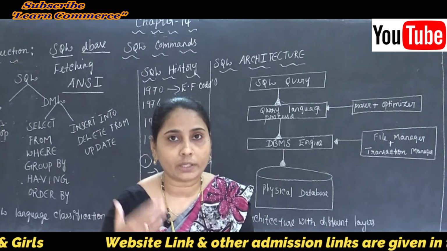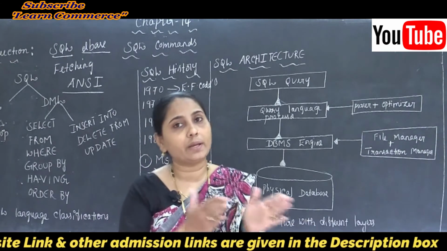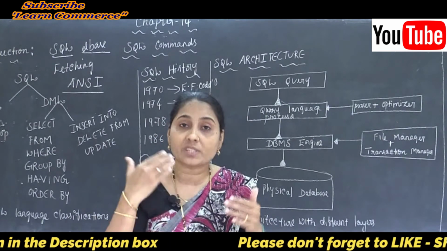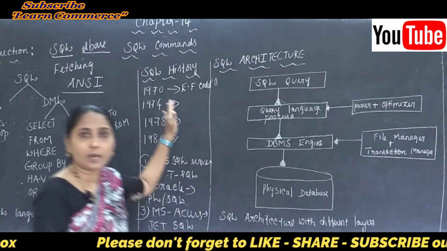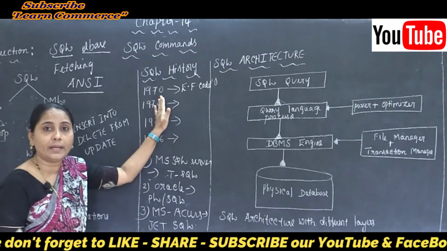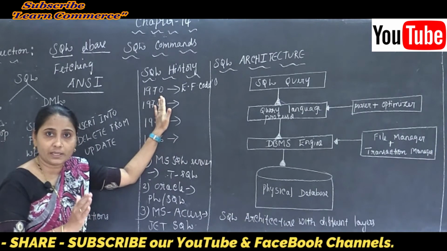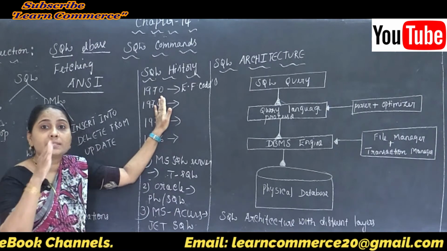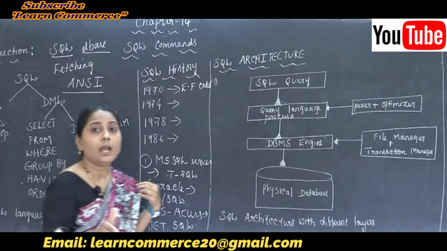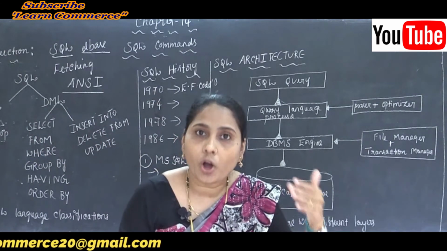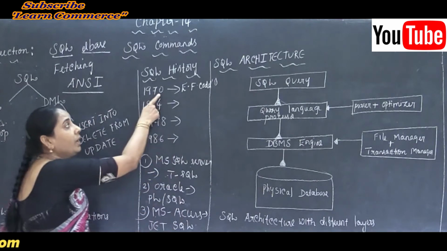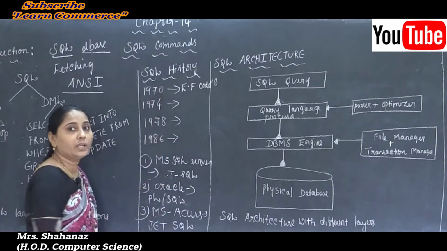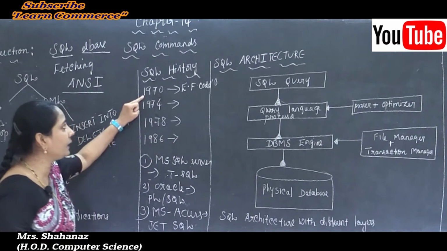In our hierarchical and network models, records are connected by using links, by using pointers, but in the relational model, data is entered by using tables. There is a relation in the table, created by the rows and the columns. So E.F. Codd described the relational model for databases in the year 1970.